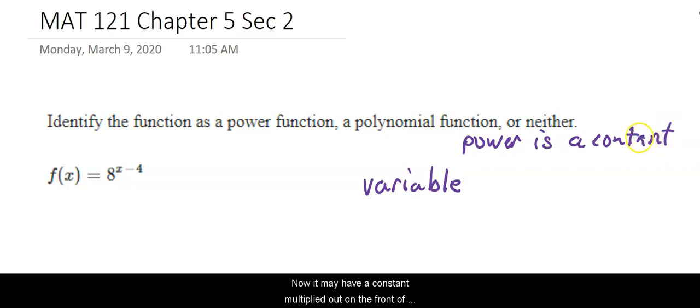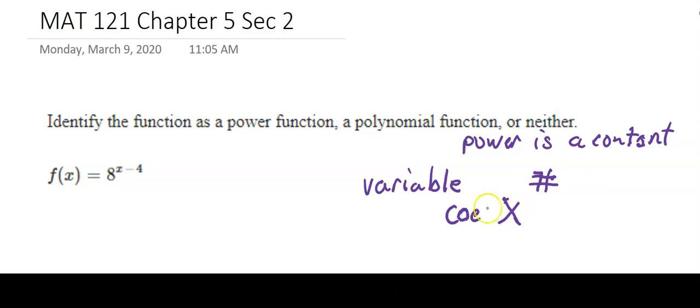Now, it may have a constant multiplied on the front of it, but basically you have to have some kind of x, your variable, raised to some kind of number power. You could have some kind of coefficient at the front, and that's okay, but you can't have the variable showing up anywhere else in the problem.